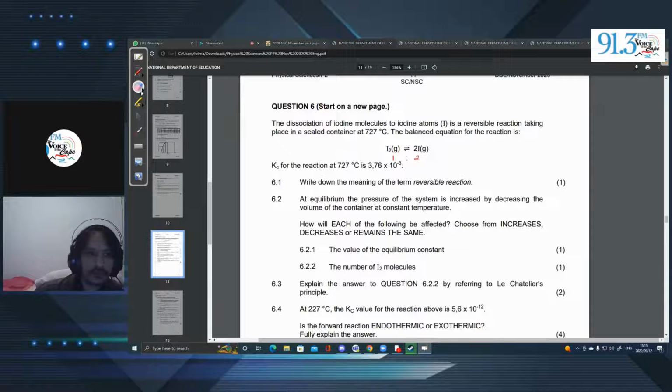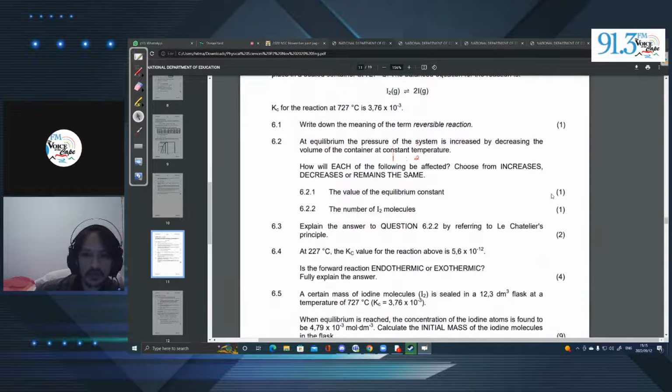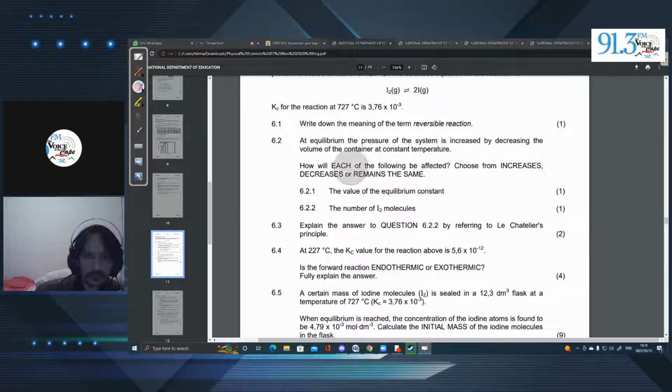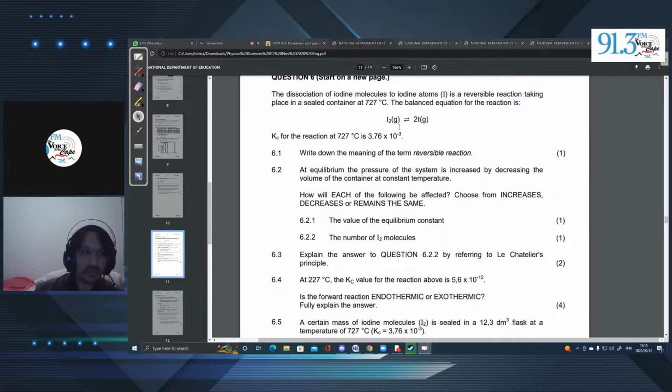Now, let's take a look at the next one, 6.3. Explain the answer to question 6.2.2 by referring to Le Chatelier's principle. Well, all we need to do, once again, is look at this information here. We look at the number of molecules and at the ratio.